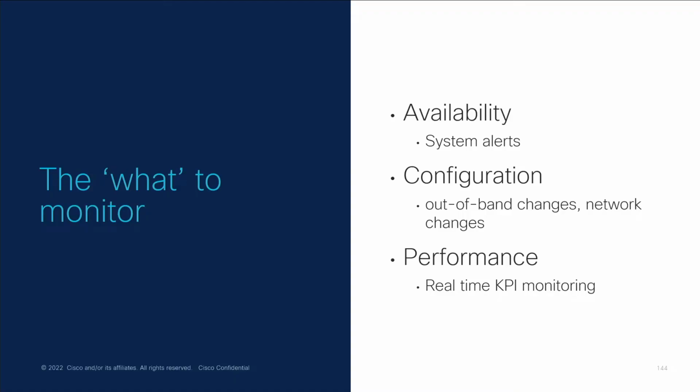Finally, for the performance bits, we're looking at key metrics, preferably in real time, that will give us an indication of the device's state. And they can be used to identify either issues that are occurring at this very moment, or we can preempt future problems by recognizing patterns.